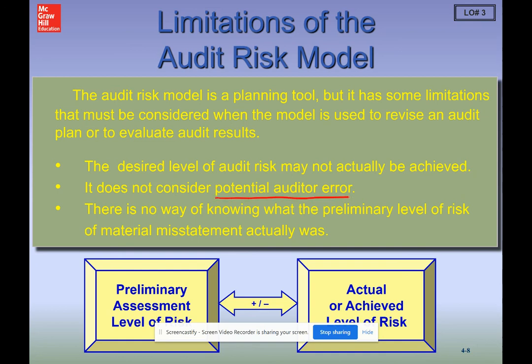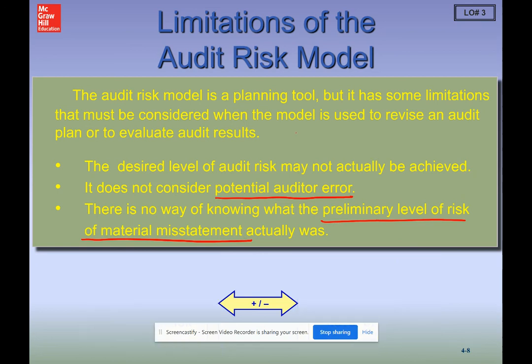Second, it doesn't consider auditor error. Auditors are human. They make mistakes, so we have to consider the fact that the auditor made an error. Lastly, we have no way of knowing that whatever we determined the risk of material misstatement was, it actually was the risk of material misstatement.